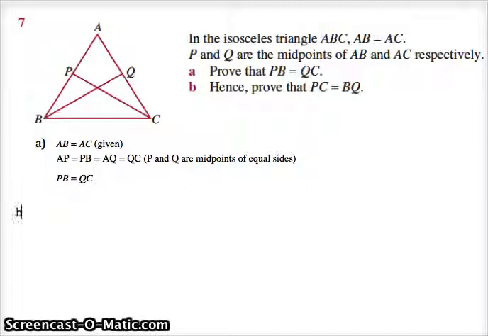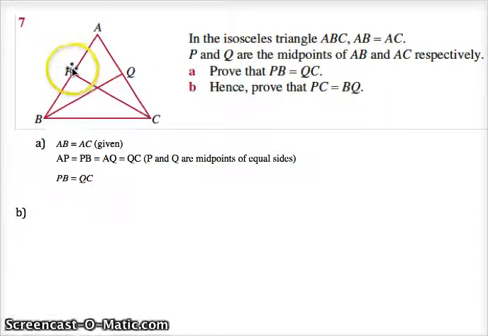Now, to look at part B, we want to prove that PC is equal to BQ. To be able to do this, we're going to use congruent triangles, but we have to look at which triangles PC and QB are in.